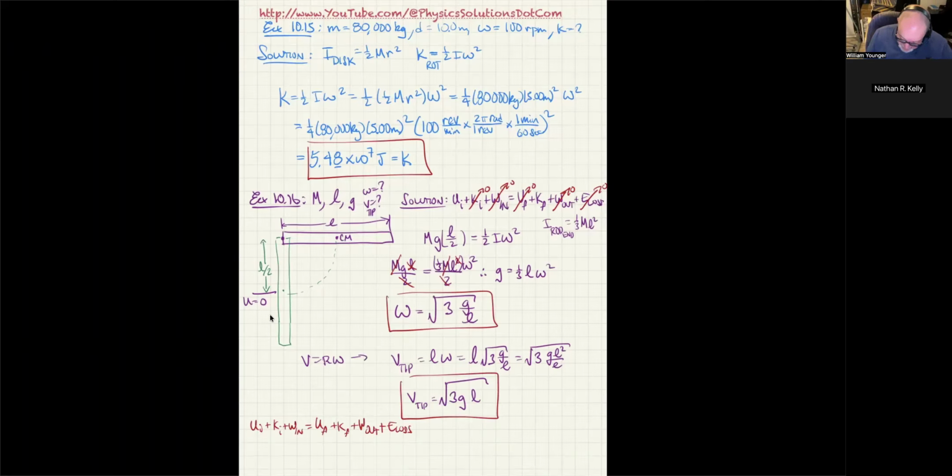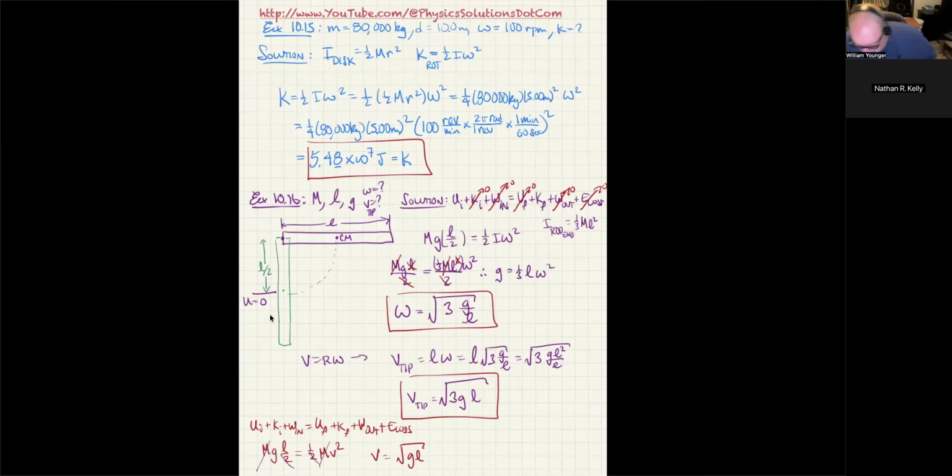If I was just imagining an object of mass m falling a distance L over 2, then what I would have is mgL over 2 is equal to one half m v squared. You can see that the m's cancel out, the 2's cancel out, and you end up getting specifically v is equal to the square root of gL.